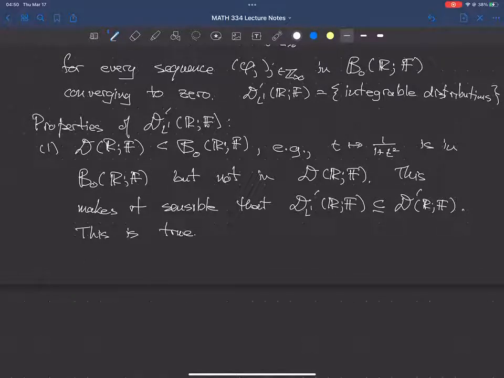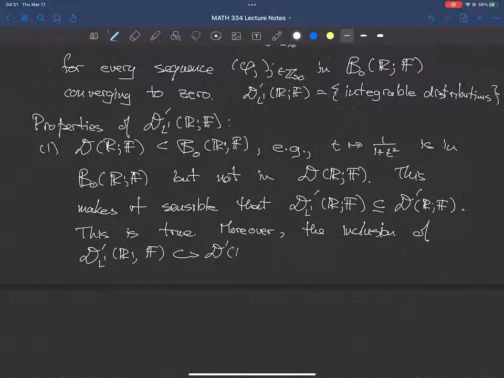And moreover, the inclusion of D prime L1 R F in D prime F is continuous.